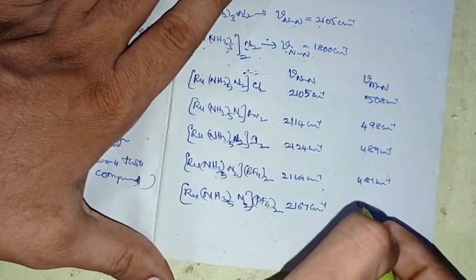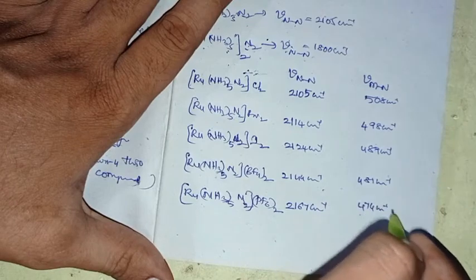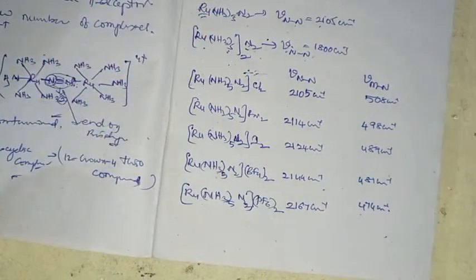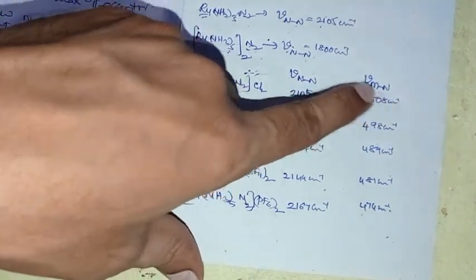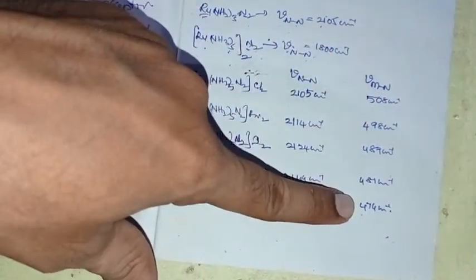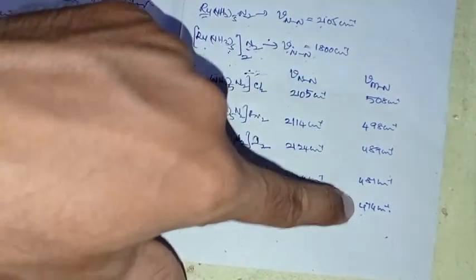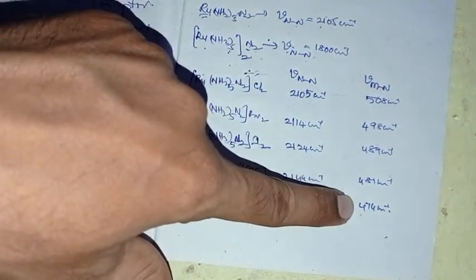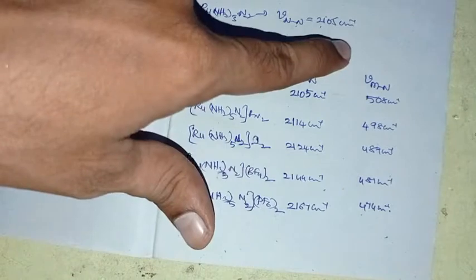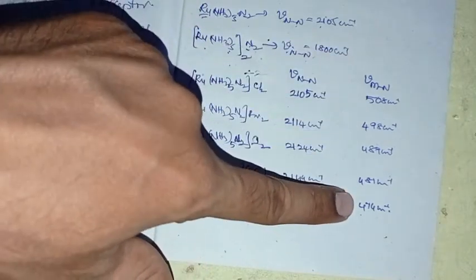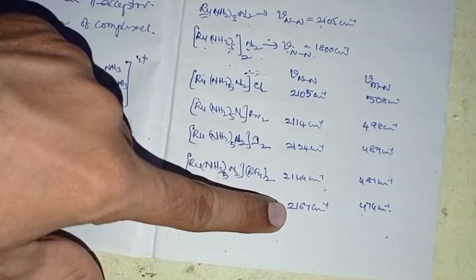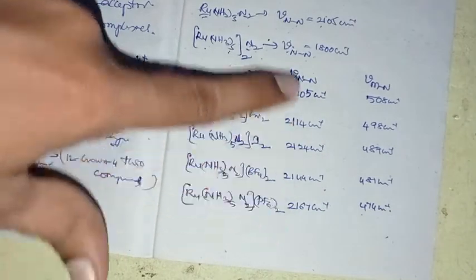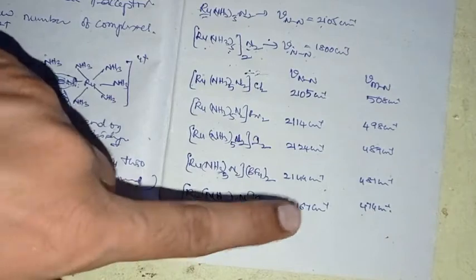The fifth complex, 474 per centimeter. So when we observe the stretching frequency of metal to nitrogen from the first complex to the last complex, it decreases, whereas the nitrogen to nitrogen stretching frequency increases from top to bottom, from the first complex to the last complex.